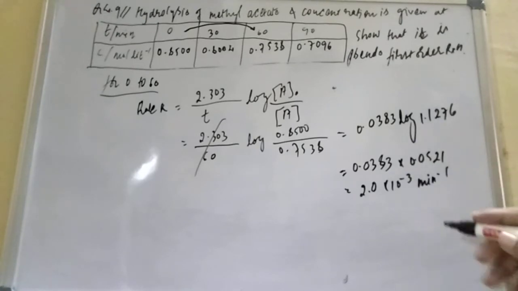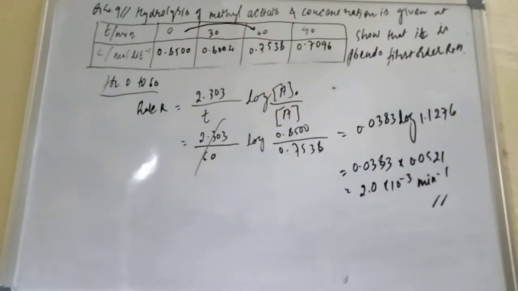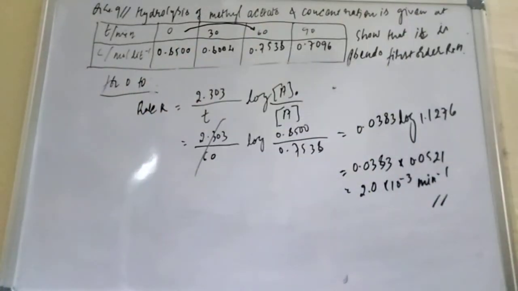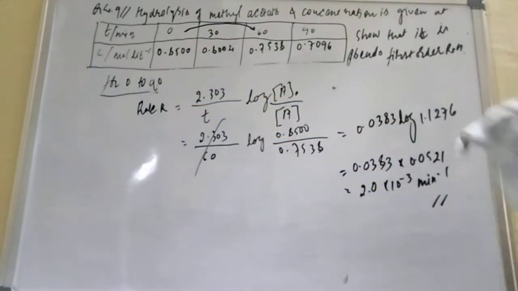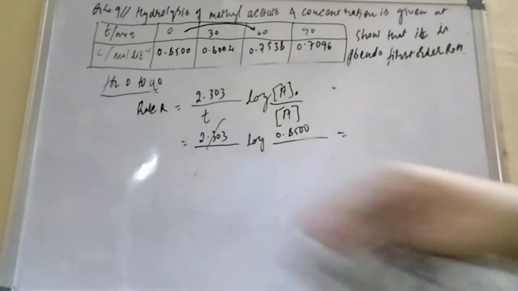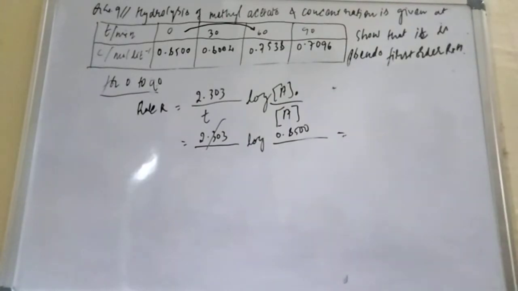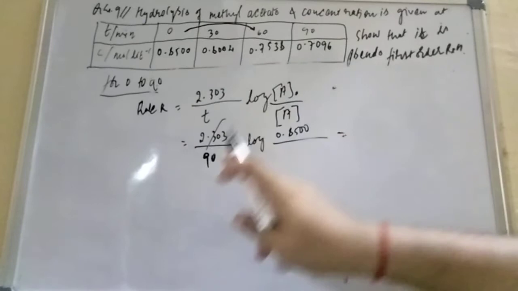So that is what we are getting for this one. 0 to 60 also gives the same value. And when you go for 0 to 90, you will be able to get the same value again. Here you put the value: 90 is the final time, and 0 to 90 means 90 minus 0.